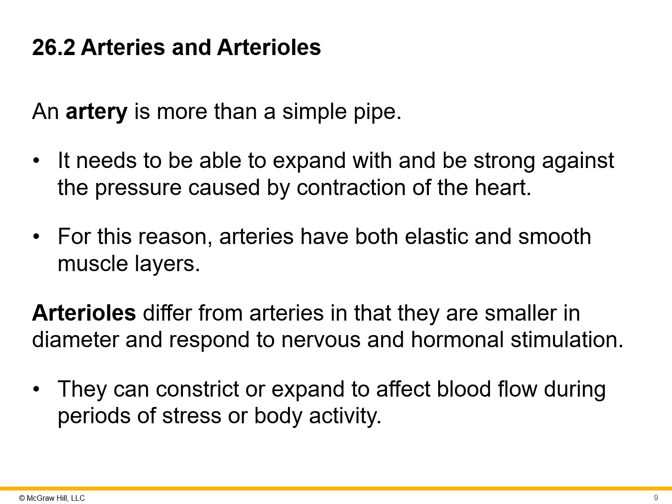So a little bit more about the arteries and arterioles. Again, the artery is just kind of a simple pipe. It needs to be able to expand to control against the pressure of the heart during contraction. So they have both elastic and smooth muscles, so they can change their diameter through the elasticity, but also through the contraction of the smooth muscle.